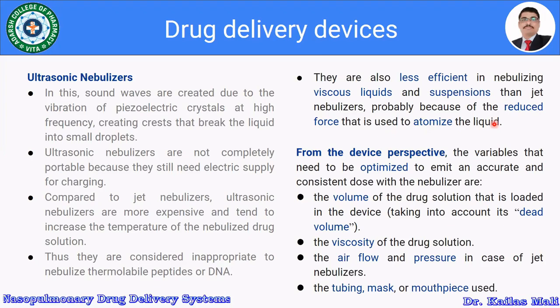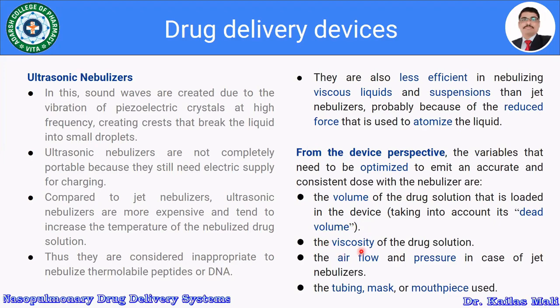Let us see the device perspectives related with the jet nebulizers and the ultrasonic nebulizers. The variables that need to be optimized to emit an accurate and consistent dose with the nebulizers are the volume of drug solution that is loaded in the device. So we have to consider how much volume of drug solution is loaded into the nebulizer, taking into account its dead volume.